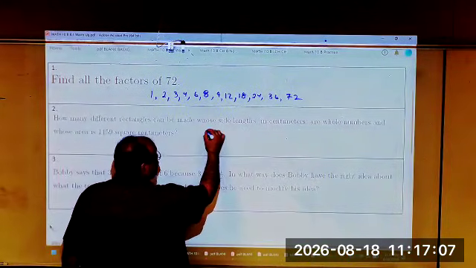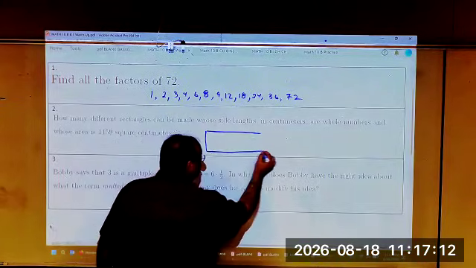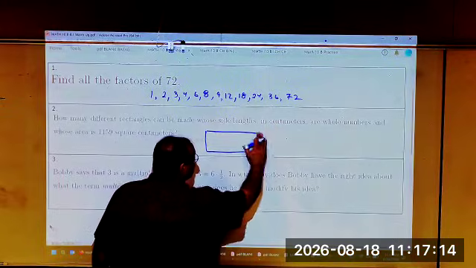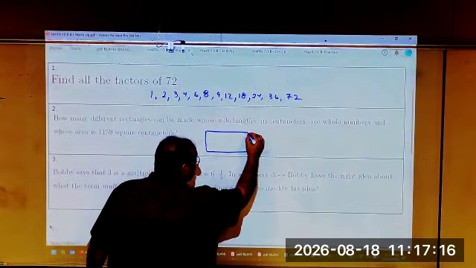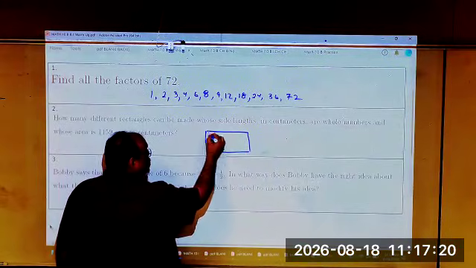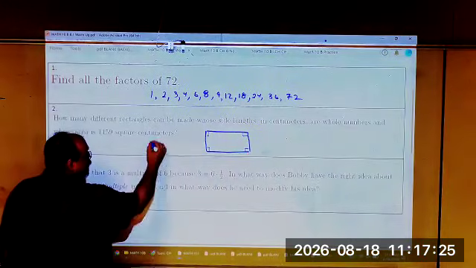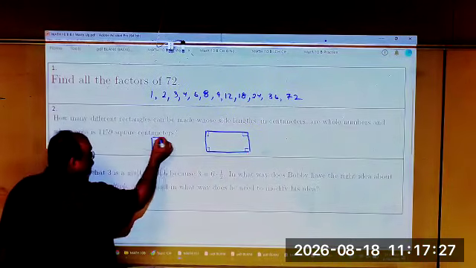Now you can have a rectangle that looks like this. That's horrible. As long as I put the right angles in there, then you certainly are looking at a rectangle. You can have a rectangle that looks like this.